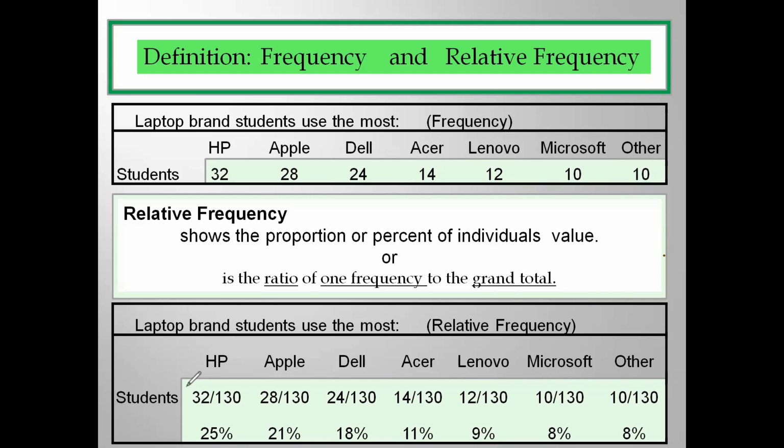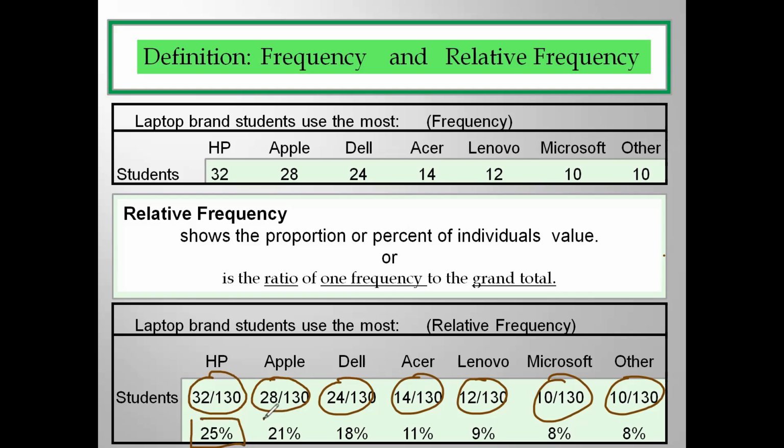In the first row, we have the ratio of our frequency, giving us the relative frequency. And if we simplify it, we get the percentages. Whenever we think about percentages, we want to always make sure that we add them all up and get 100%.